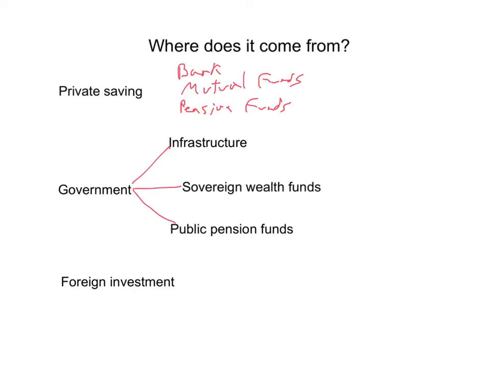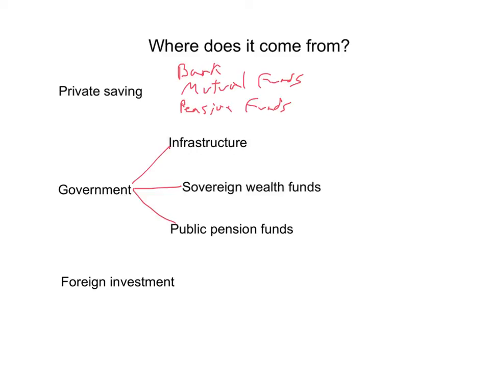Many countries actually have, you might think of them as like mutual funds that are managed by the government for a variety of purposes. And so they can also contribute to savings in this way. Or they'll have just public pension funds. So maybe something like Social Security, except there's no pension fund for Social Security.